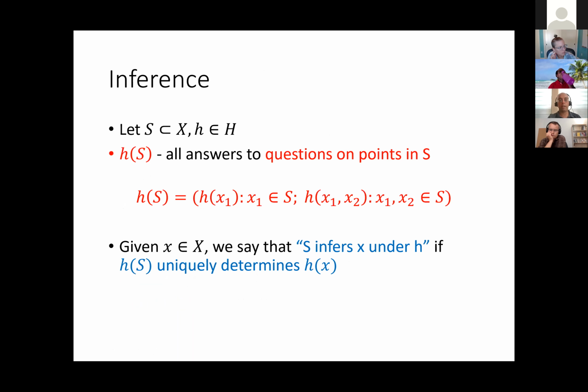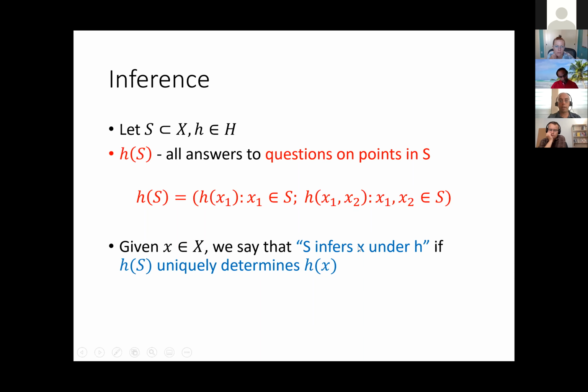Now, what do I mean by inference? Okay, so this is my first technical slide. I have a set of points. X, remember, X is my set of points. S is a small subset I chose. H of S is going to be all the answers to all the questions I could potentially ask about points in S. So for example, if I allow labels, it's going to be all the labeling of points in S. And for comparisons, all the comparisons for all points in S. And given a point X in my data set X, I'm going to say that my small sample S infers my point under my classifier H if the following thing holds.